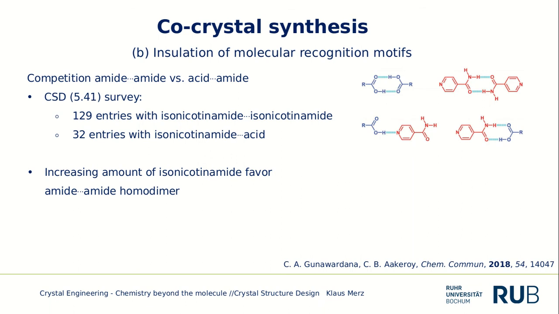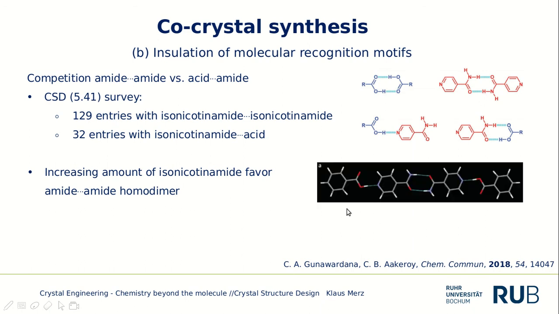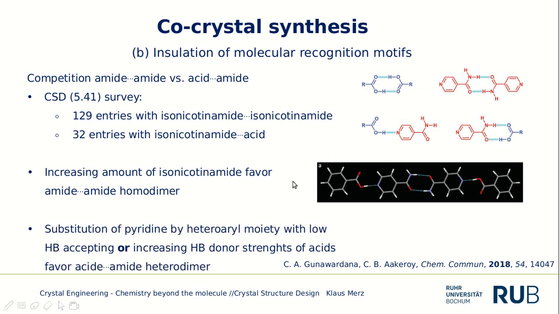And how can you favor one? For example, increasing the amount of isonicotinamide favors the amide homodimer, exactly what I've seen. High concentration, or playing with the ratio. Or on the other side, you can play with electron density, with basicity and acidity.